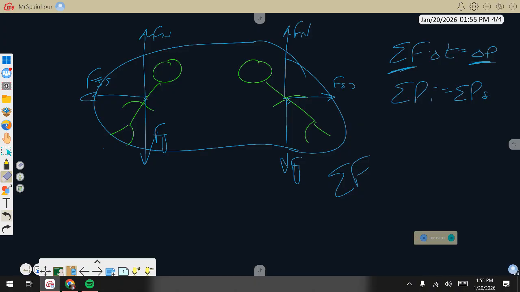So will there be a total change in momentum? Let's say this correctly. Will they individually change momentum? Yes, because individually there's a net force on each of them. But collectively as a system, is there a net force on them?